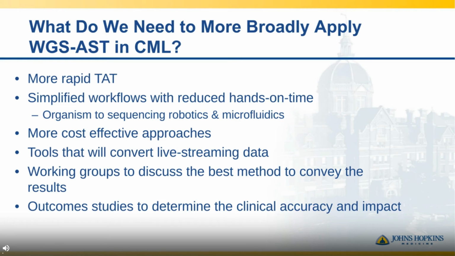Or from the Illumina side, they have different sequencers now, like the iSeq and the MiniSeq, that can allow for more rapid sequencing times. And then we need tools that will convert that live streaming data, and we need working groups to discuss the best methods to convey those results, as well as outcome studies to determine the clinical accuracy and impact to patient care if we were to start to apply this clinically.